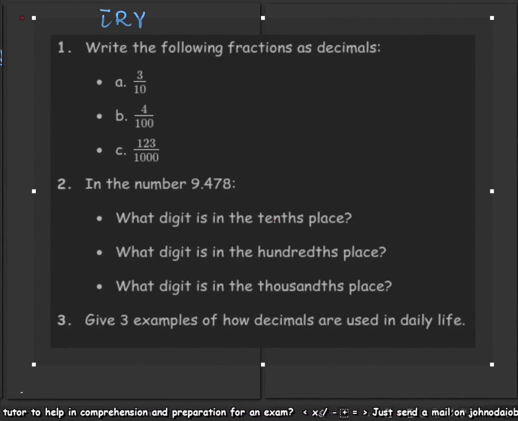It's all that we've done so far. You have to write the following fractions as decimals. You see them there. Then in this number, 9.478, what digit is in the tenths place, in the hundredths place, in the thousandths place? Just write them out. And then finally, just give 3 examples of how decimals are used in daily life.